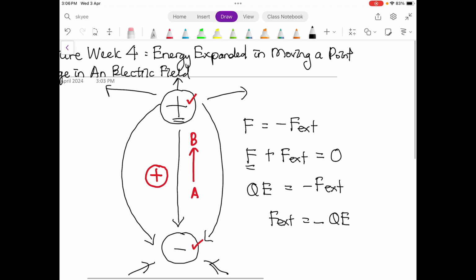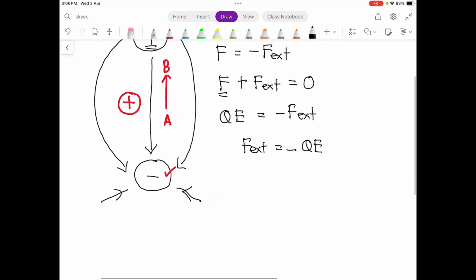If we want to know the work done to move the charge, we apply this formula: work done equals the integral of F external dot dl.